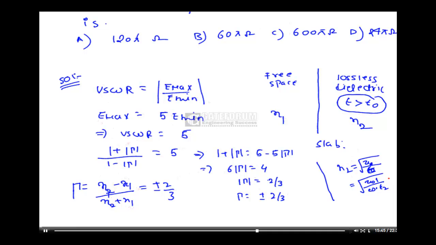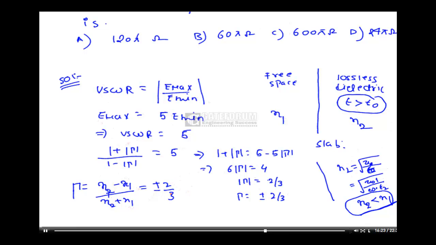Epsilon 2 value we don't know, but the total value of epsilon is greater than epsilon naught. So obviously, when comparing with only mu naught by epsilon naught, eta 2 is less than eta 1. Since epsilon is greater than epsilon naught, eta 2 is less than eta 1. So we have to consider the reflection coefficient as minus 2/3.